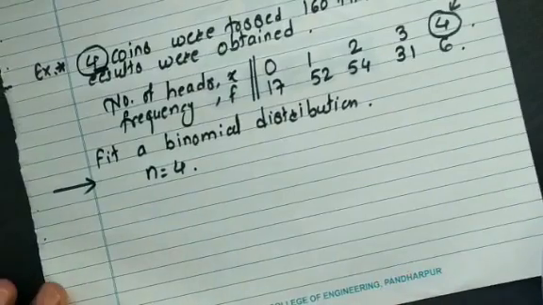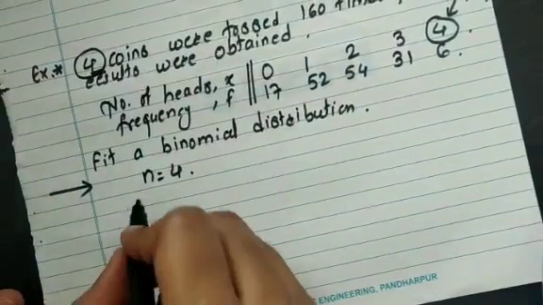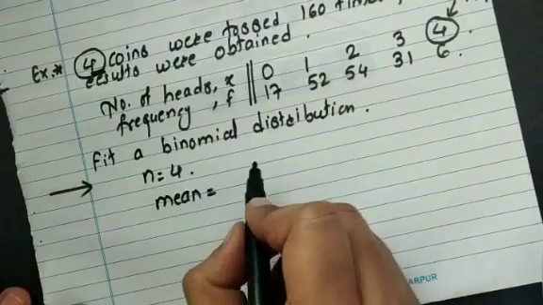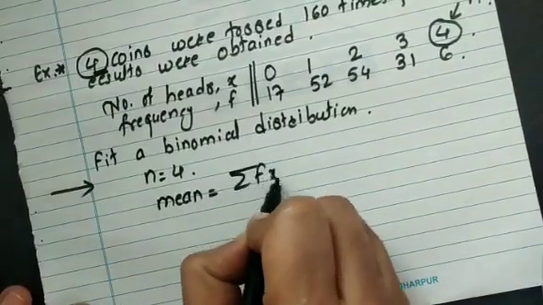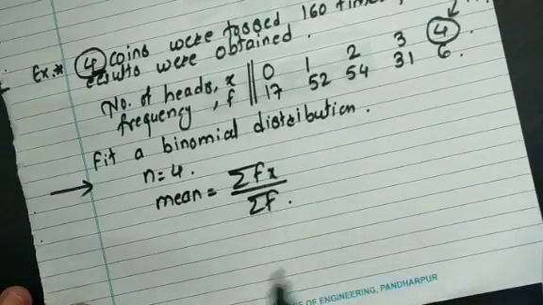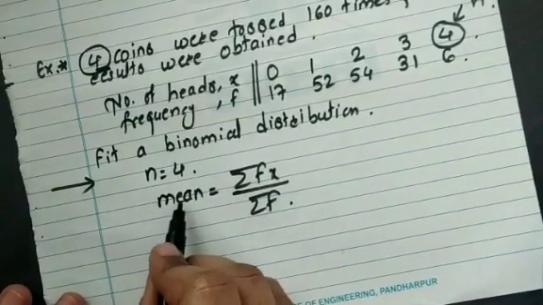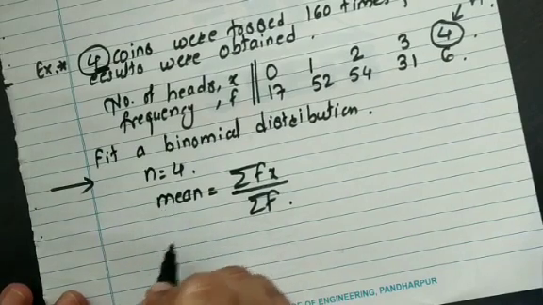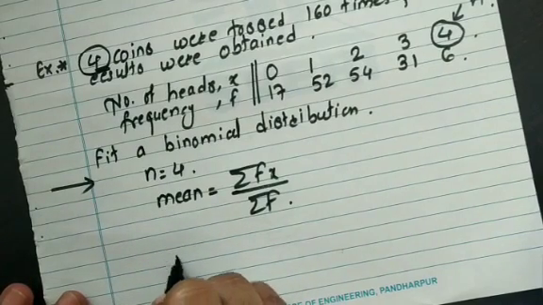Then we write the formula for the mean, which is summation fx upon summation f. For a binomial distribution, the mean is np.